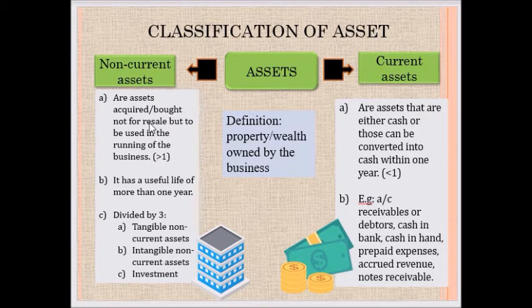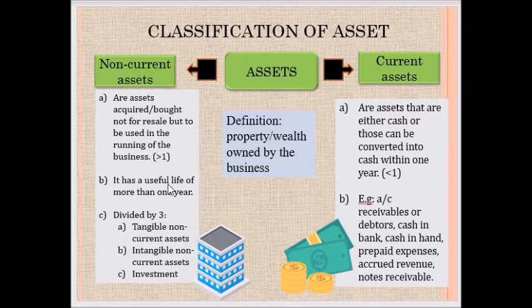It's an asset that you own to run or operate the business. This asset can be within your business for more than a year, so it has a useful life of more than a year. This type of asset is also not easily converted into cash.